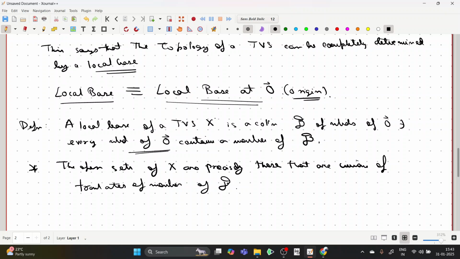So I pick out members from script B, translate them, take their unions, and I can obtain any arbitrary open set in X. You can visualize what's going on here: we are trying to globalize a local notion.